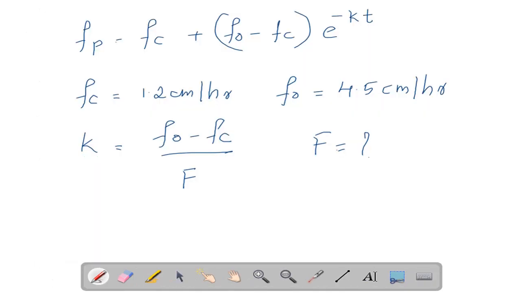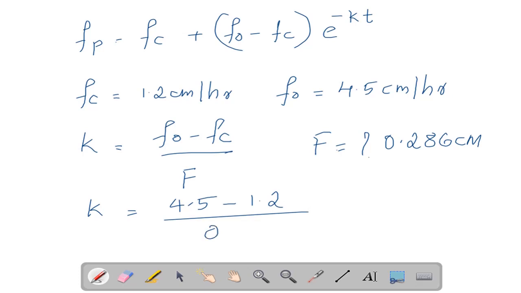Hope you understood. And we got the area as 0.286 centimeters, and substitute the value of F0 as 4.5 minus 1.2 divided by 0.286, you will be getting a value 11.54.